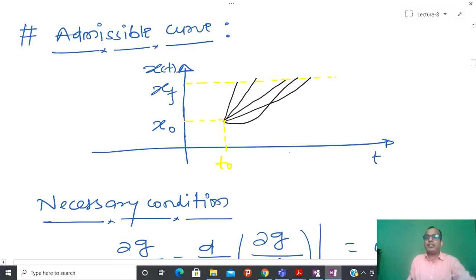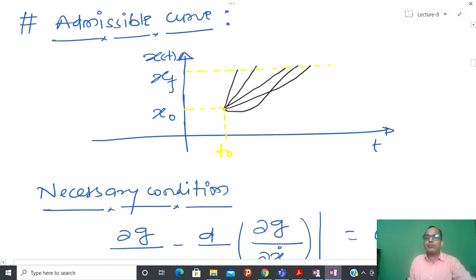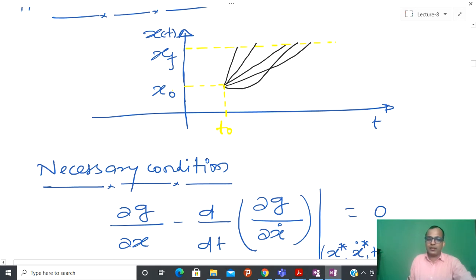what we observed in the previous class is that we now have to see the variation in x(t), delta x(t), as well as delta tf.